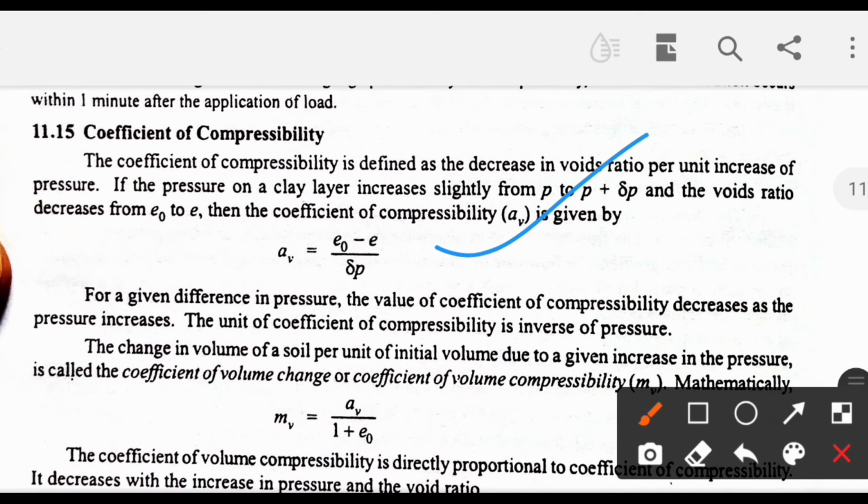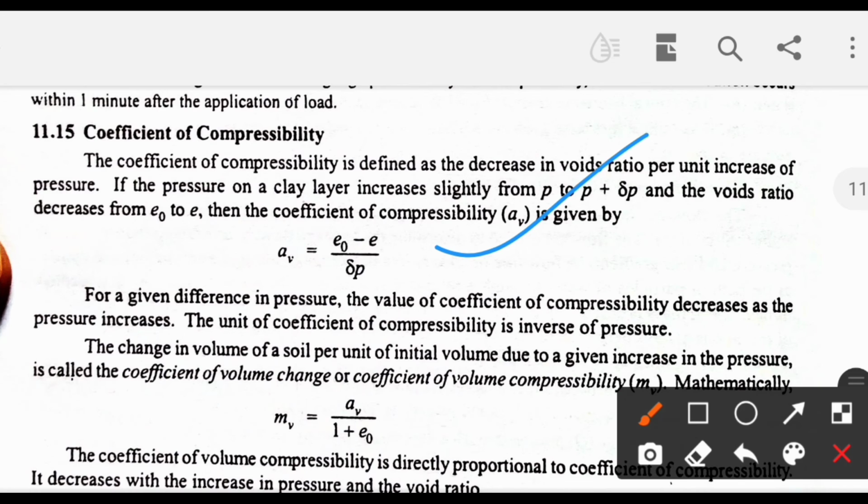For a given difference in pressure, the value of coefficient of compressibility decreases as the pressure increases. The unit of coefficient of compressibility is inverse of pressure.